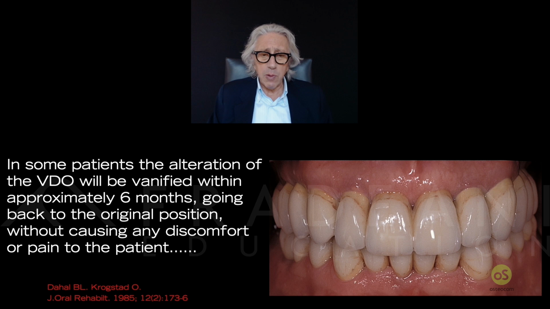In some patients, anyway, the alteration of the vertical dimension will vanish within approximately 6 months, going back to the original position, without causing any discomfort or pain to the patient, and without you seeing anything. You cannot see anything. That is a potential situation that could happen, but we don't see it.